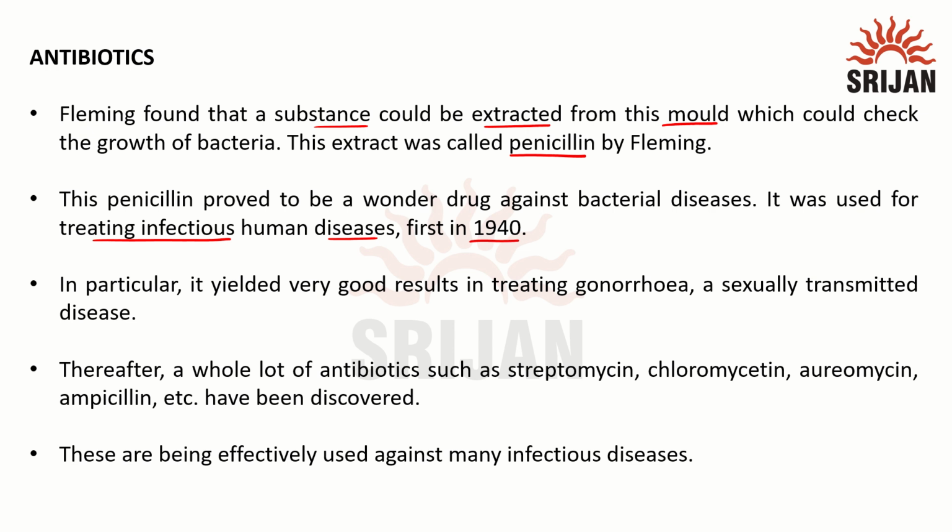In particular, it yielded very good results in treating gonorrhea, a sexually transmitted disease. Thereafter, a whole lot of antibiotics such as streptomycin, chloromycetin, aureomycin, ampicillin, etc. have been discovered. Now these are effectively used against many infectious diseases.